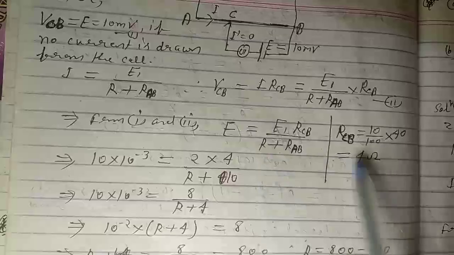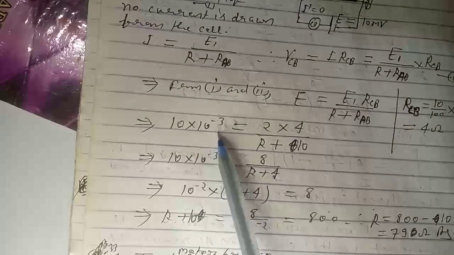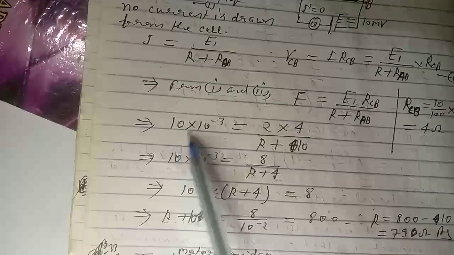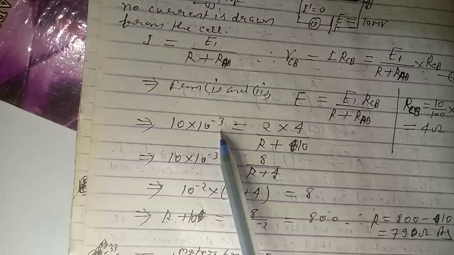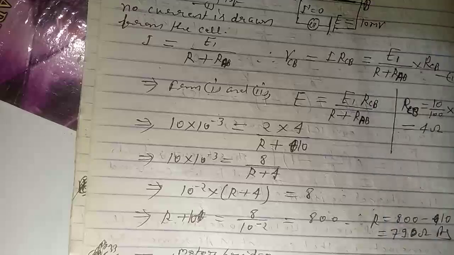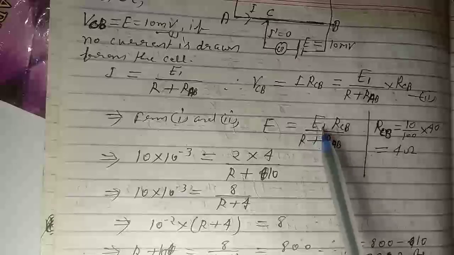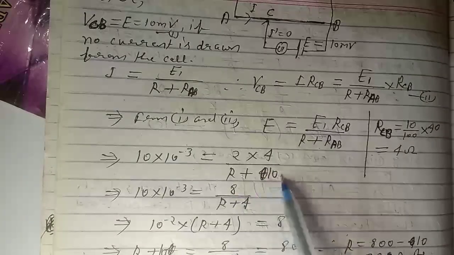So using this value, E is given as 10 into 10 to the power minus 3 volt, and E1 is given as 2, so we have 10 to the power minus 2 equals 2 into 4 by R plus 10.